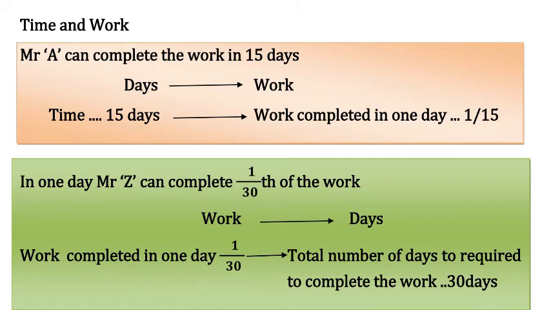That is conversion from work to days. In this case also, we take the reciprocal of the given value. So Mr. Z has completed 1/30th of the work in one day, so the number of days required to complete the whole work will be 30 days.